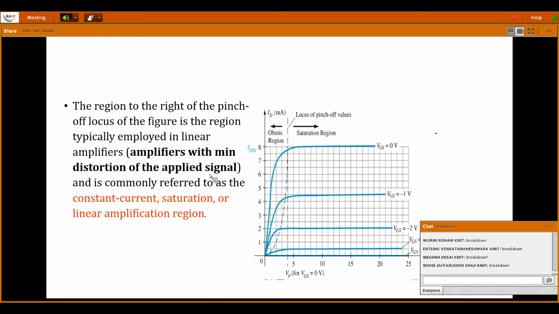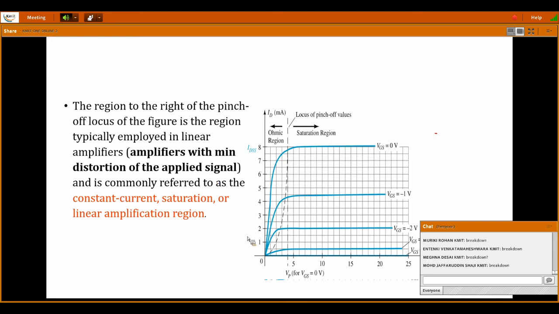If you want our BJT to operate as an amplifier, we operate it in the active region, and if we want it as a switch, we operate it in saturation or cutoff region, if you remember BJT concepts. So if you want to operate a FET as an amplifier, it should be operated in the saturation region because the current is constant here and the distortion is very less.